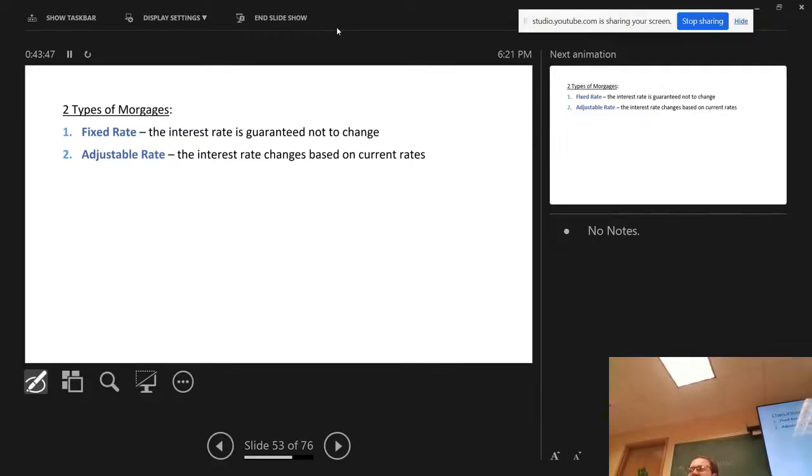Fixed rate is, you know what your interest rate is going to be for the entire 15 or 30 years or 50 years. The adjustable rate means that the bank can change it at any time, but it has to be based on what the market is doing. So if interest rates go down across the market, then they would have to lower yours. But if rates go up, then they would raise your rate too.